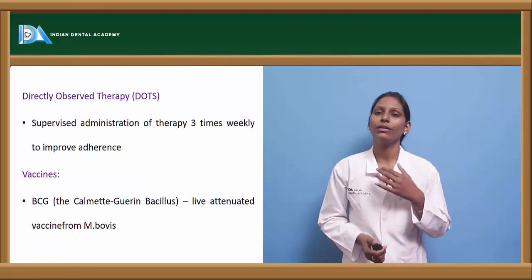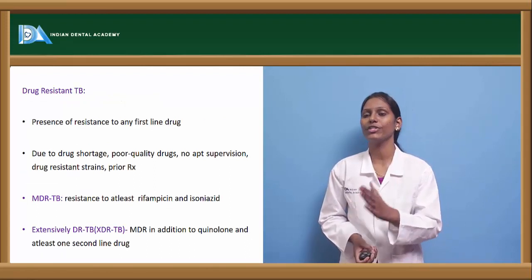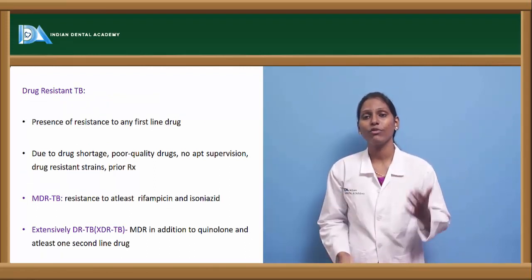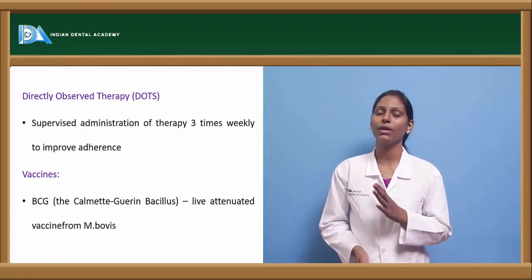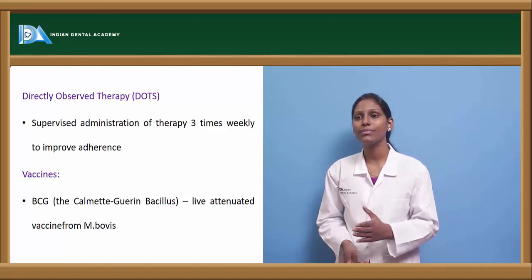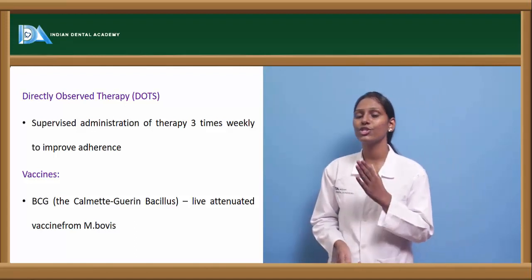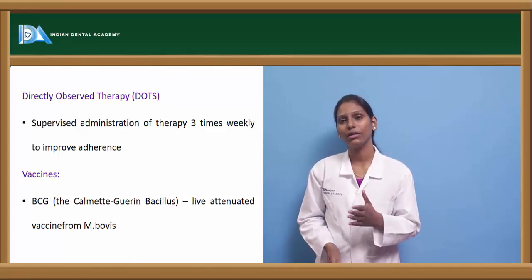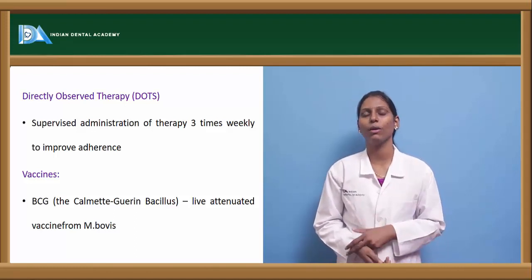So, to prevent this resistance due to lack of supervision, drug shortage, or non-compliance of patients, there is something called directly observed therapy, that is DOTS. Here there will be supervised administration of therapy 3 times weekly to improve adherence and increase the patient's compliance.